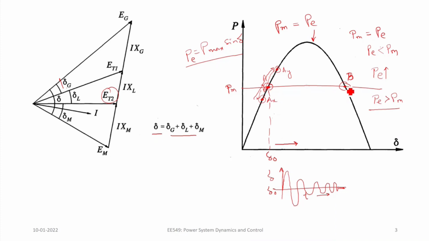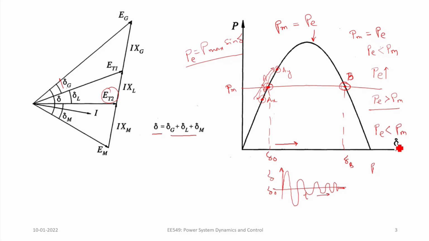Now, if we consider point B, and give a small disturbance at point B, what will happen? This is, let us say, delta B. It's a small disturbance, let us say your P became lesser than Pm. What will happen here?